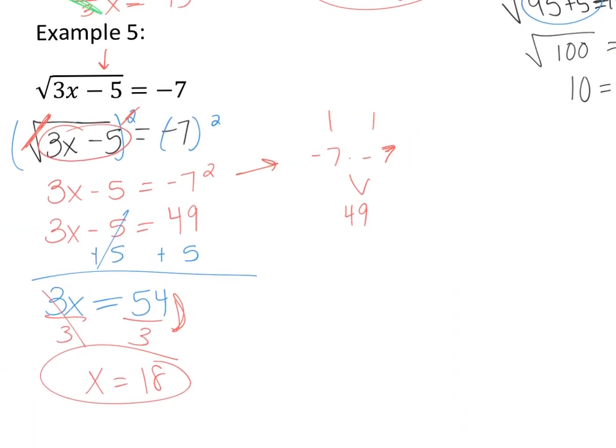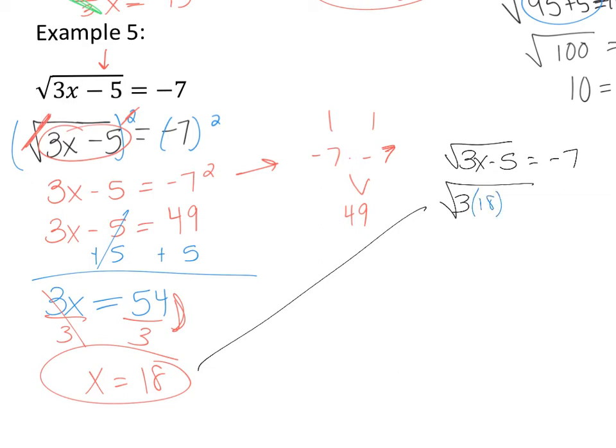So what I'm going to do is I'm going to take my original equation and I'm going to go ahead and check, okay? But now I'm plugging in 18 for x, okay? So I am just changing different colors so you guys can see. And then you need to do whatever is under the radical first, okay?